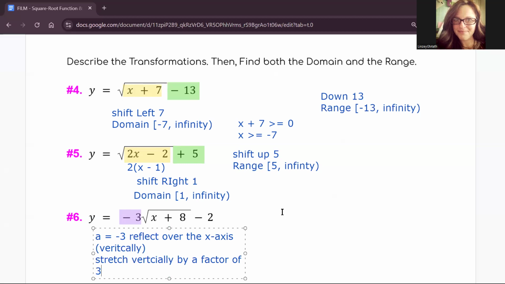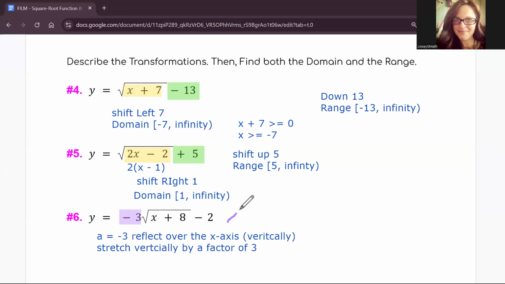So now, instead of the general shape of our graph going up and to the right, it's reflected over the x-axis, so we're going to go down and to the right. This reflection is going to affect our range.